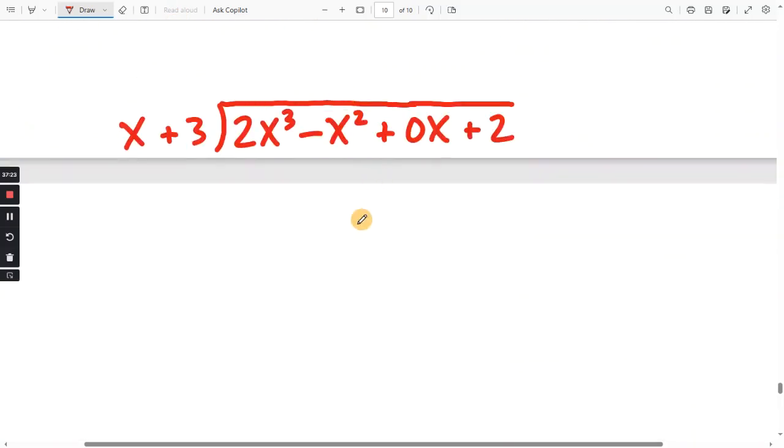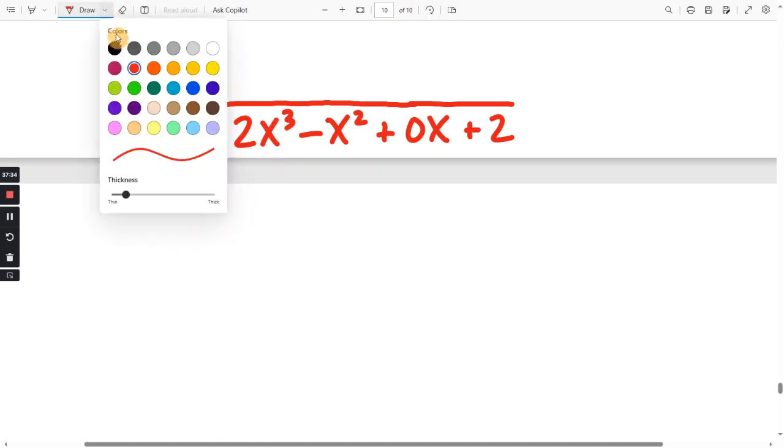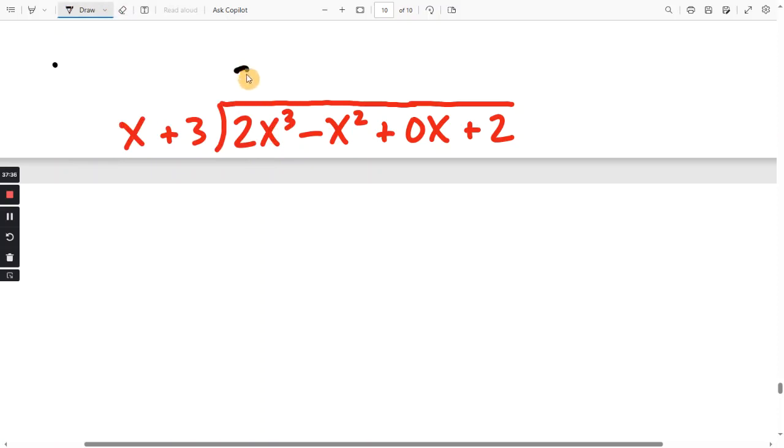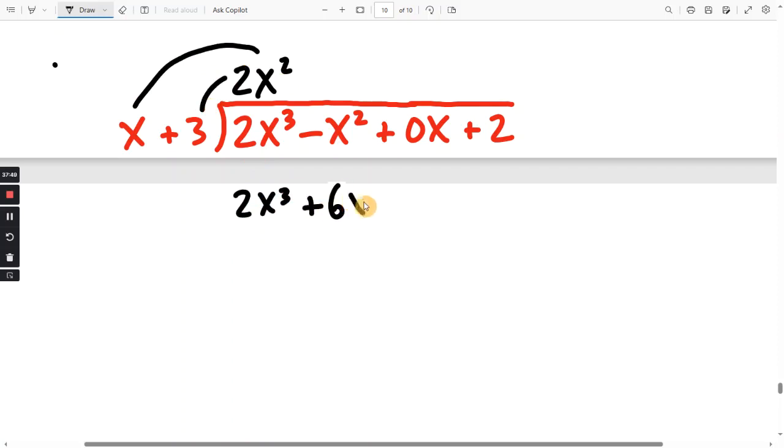I'll probably do that next, but here we're saying what times x gives us 2x to the third, or you could say 2x to the third divided by x. And that's going to be 2x squared. All right, distributing 2x squared times x, 2x squared times positive 3, it's going to be 6x squared. Subtract this whole thing.